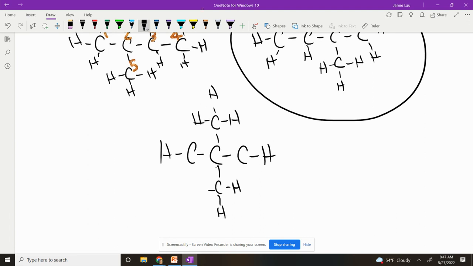So it looks like a carbon cross. Again, if you stop and count, there's still going to be 32 electrons. In this case, I have carbon 1 connected to 2, connected to 3, and 4 and 5 are coming off of 2.